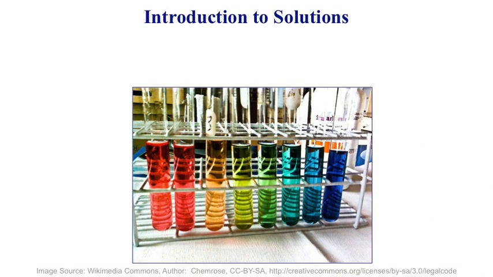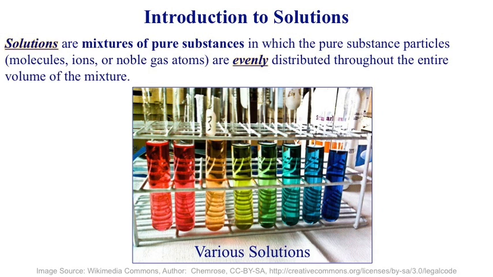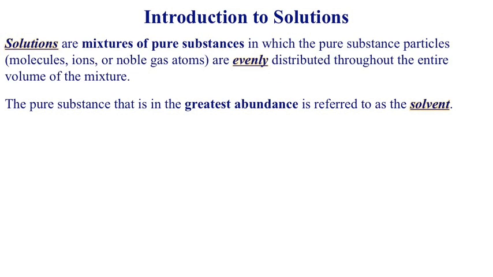A bit earlier in this video, I told you there are three types of mixtures: solutions, colloids, and suspensions. I'll discuss solutions first. Solutions are mixtures of pure substances in which the pure substance particles, the molecules, ions, or noble gas atoms, are evenly distributed throughout the entire volume of the mixture. The pure substance that's in the greatest abundance is referred to as the solvent.